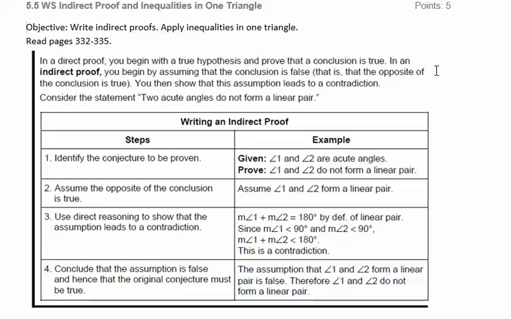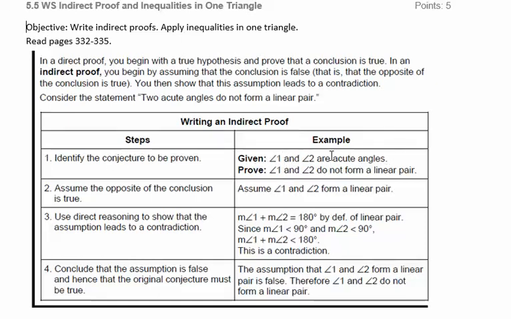That's our statement. To write an indirect proof, first we identify the conjecture to be proven. Here's our example. We could say that angle 1 and angle 2 are acute angles.